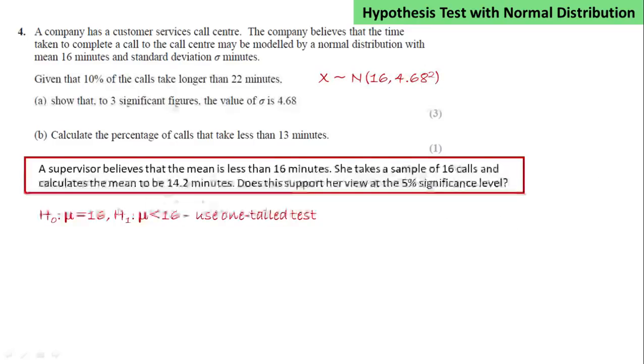So here, mu is 16 is the null hypothesis. Mu is less than 16 is the alternate hypothesis, which suggests a one-tailed test.